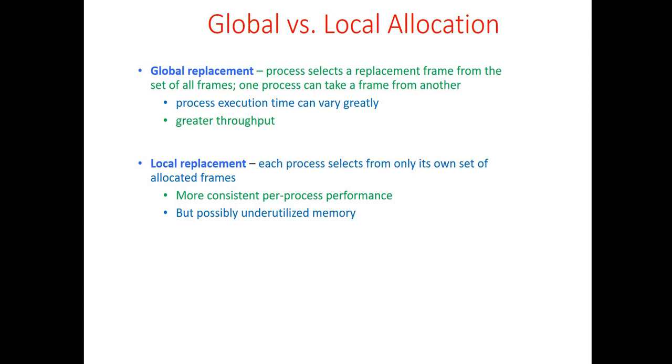Whereas in local replacement, each process selects a frame only from its own allocated frames for page replacement. Because of this strategy, more consistent process performance will be ensured, but there is a possibility of underutilized memory, because some of the frames which are not used by the processes will be left underutilized in local replacement.